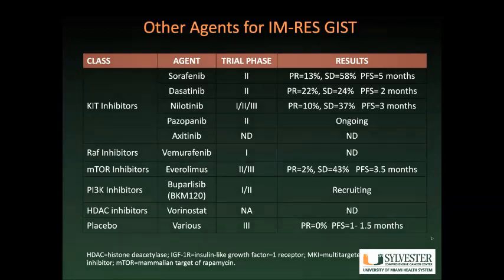So what happens when imatinib stops working? Well, in some areas around the world, there are agents that do have activity against GIST, and when imatinib, sunitinib, and regorafenib are not available, we may take advantage of some of these agents that are KIT inhibitors or PDGF receptor inhibitors.